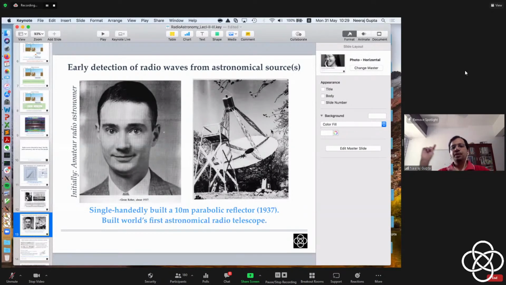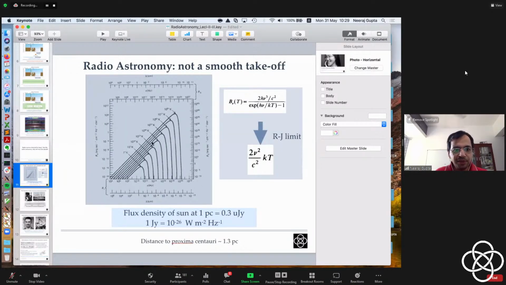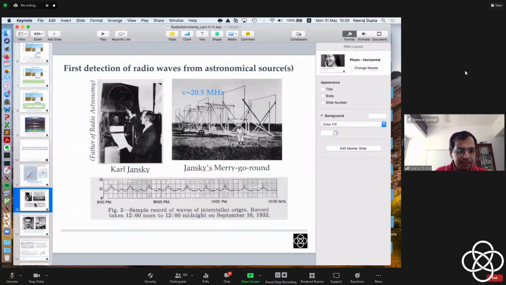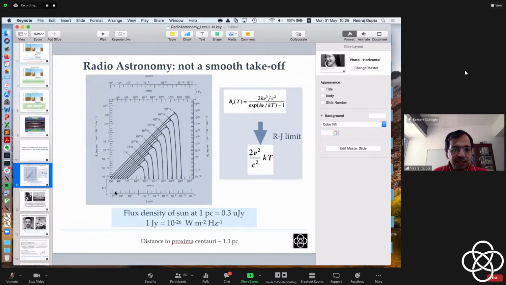So he started observing different parts of the sky, and then he thought, now we go back to this slide, if you recall, the black body plot. Reber also knew that Jansky did this experiment at 20.5 megahertz. And if you go to this plot, you will see that as I go to higher frequencies, the strength of the radiation is increasing further.